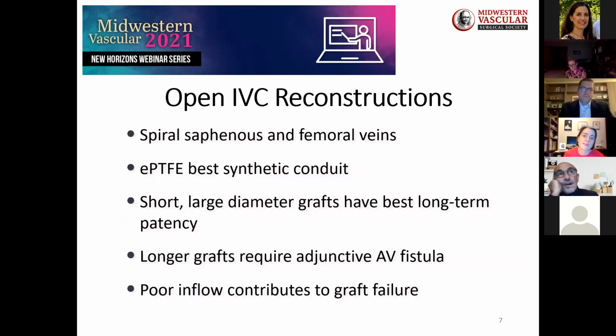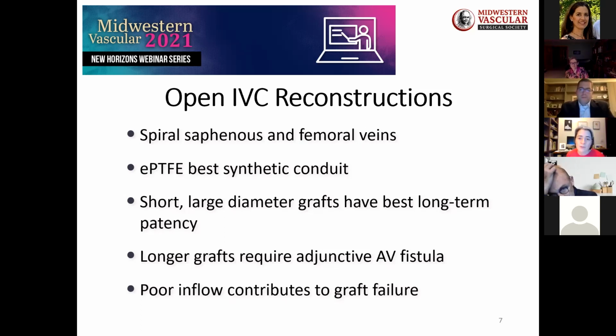For short segments of the IVC that need to be replaced, a spiral saphenous or femoral vein graft can be used. But autogenous vein grafts within the abdomen are prone to compression. We often use large PTFE grafts with external supported rings, ranging from 16 to 20 millimeters in size for iliocaval replacements.